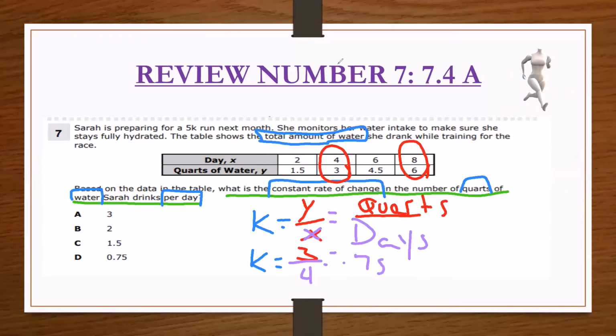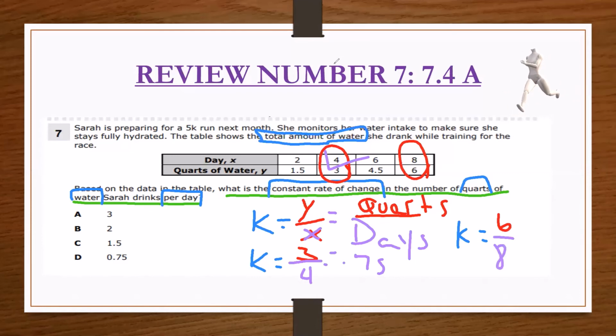Now I want to take the other information from the table, plug it into my K equals Y over X, and see if I come up with the same exact number. This is just my way of checking my work. So I have K equals 6 over 8.